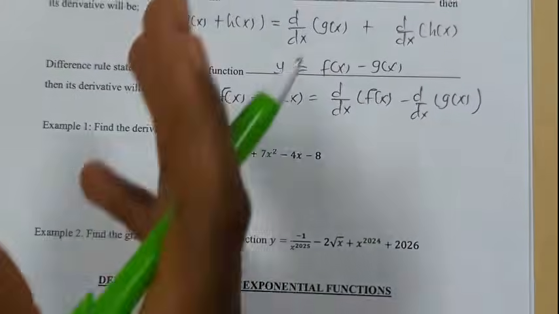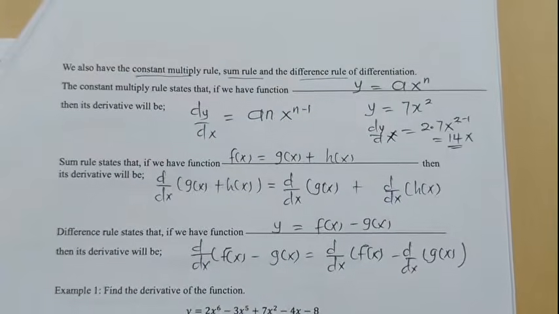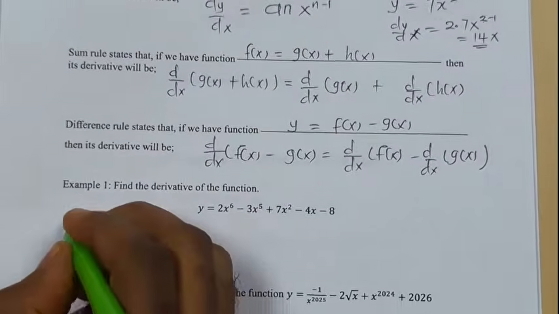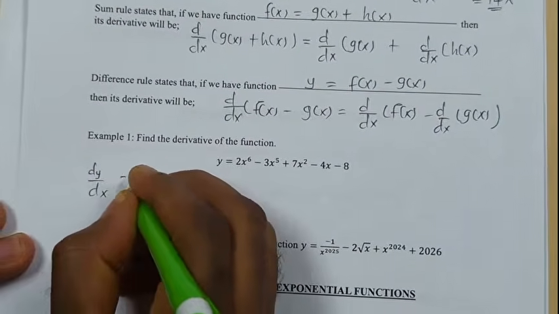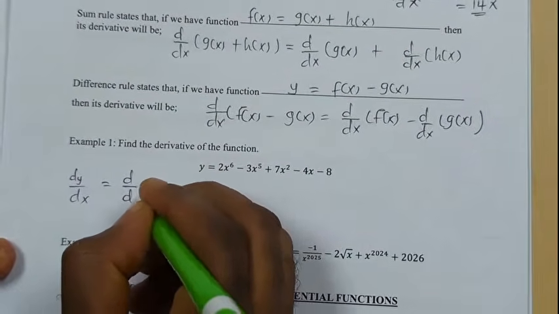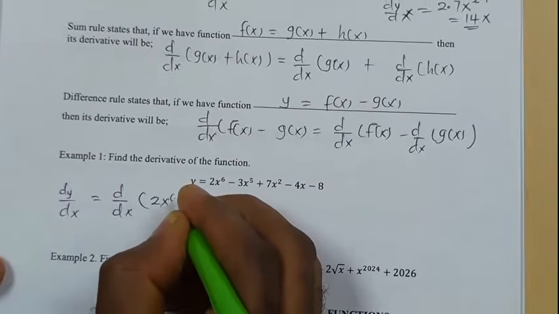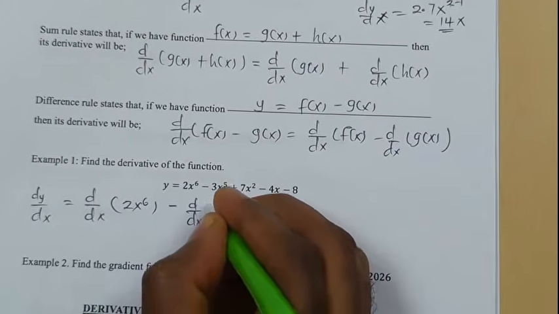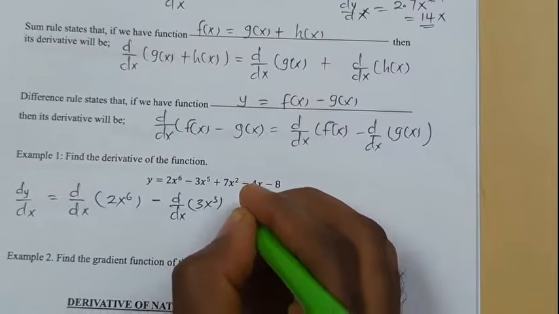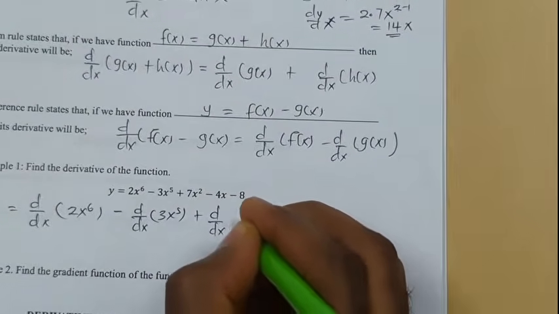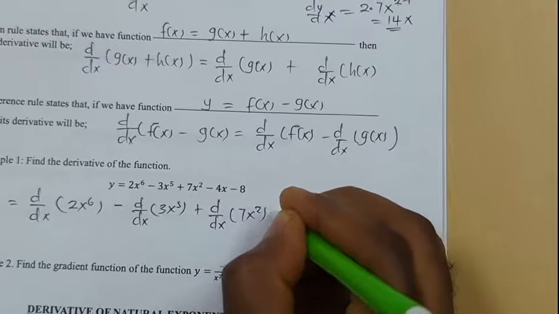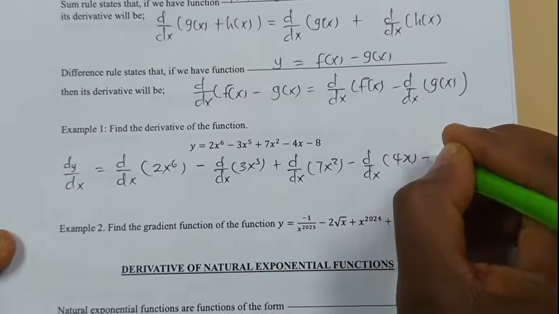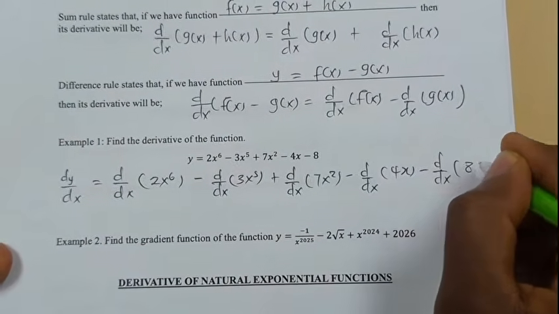So using all the rules that we looked at, power rule, sum rule, difference rule, and the constant multiple rule, we say that dy over dx of this function will just be the differential of the function 2x exponent 6, then minus the differential of 3x exponent 5, plus the differential of 7x squared, then minus the differential of 4x, then minus the differential of 8.